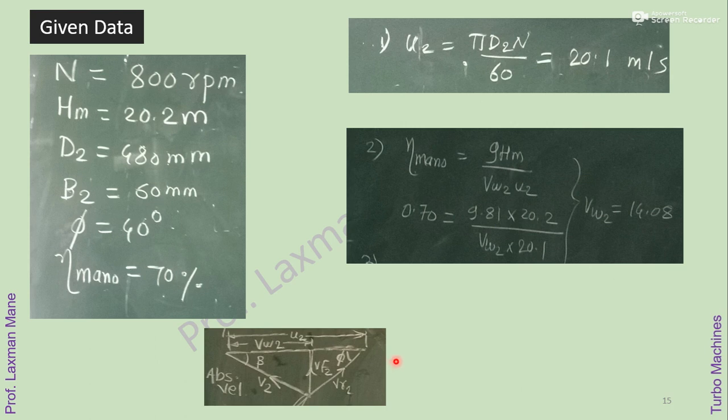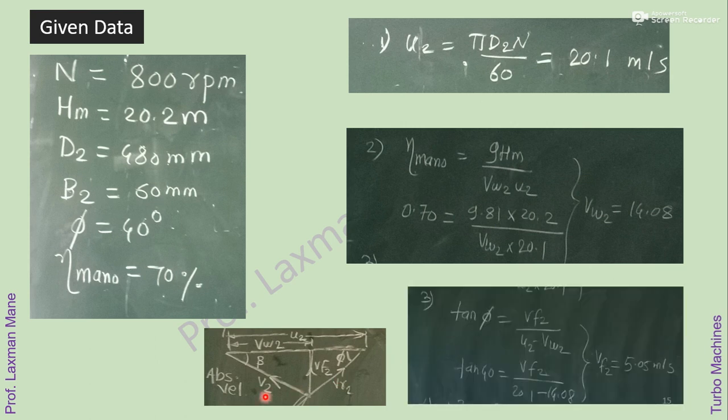Then from outlet velocity triangle, using tan phi relation, here the value of phi given, use here, vf2 we have to calculate, divided by u2, here it is calculated and vw2 is calculated. So from this, here we find flow velocity at outlet.